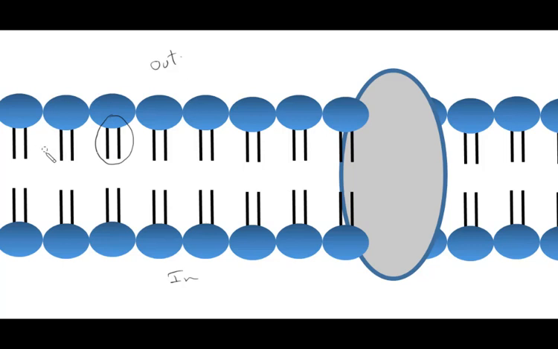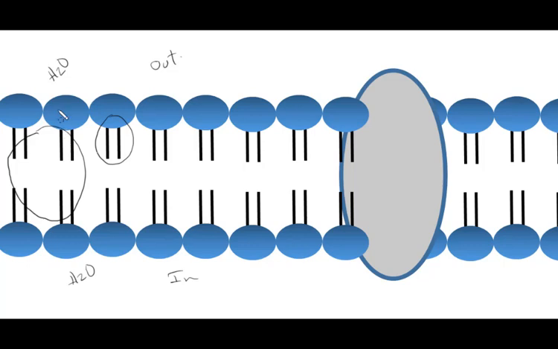So we have a highly hydrophobic environment right here in the middle of this membrane, and on the outside or on the inside, we know that we have water on both sides, right? So we have water here, inside, say it's a cytoplasm, and outside is the extracellular water that is part of any organism.